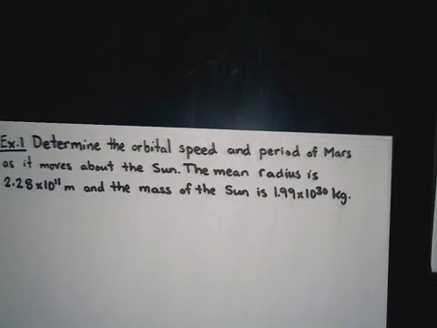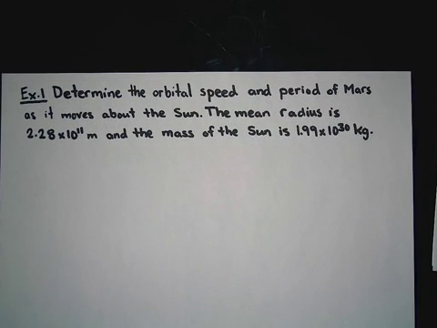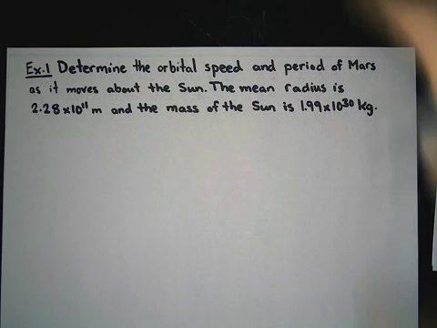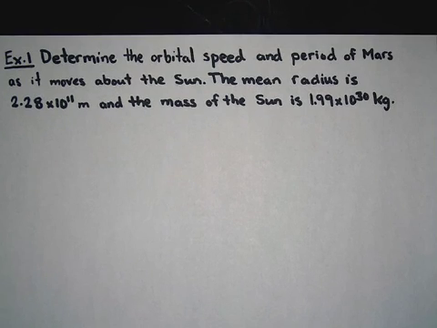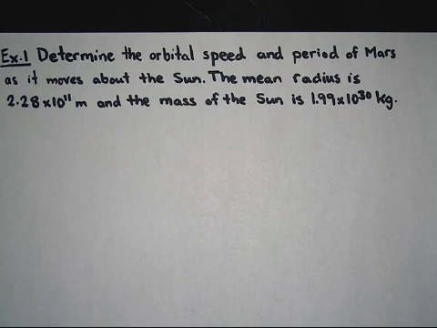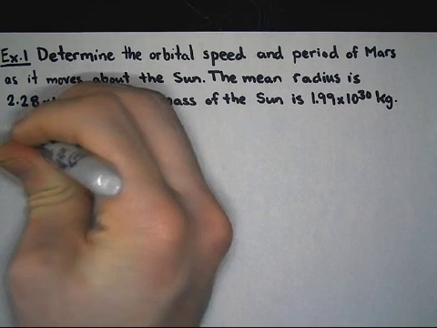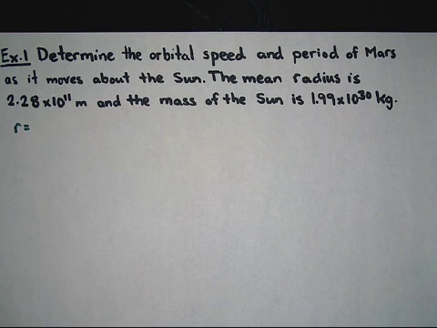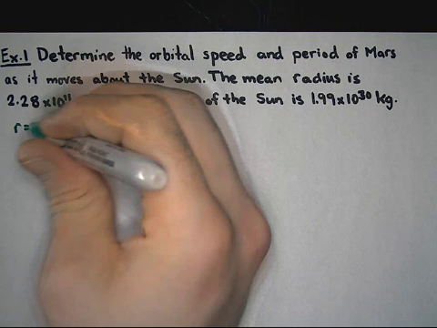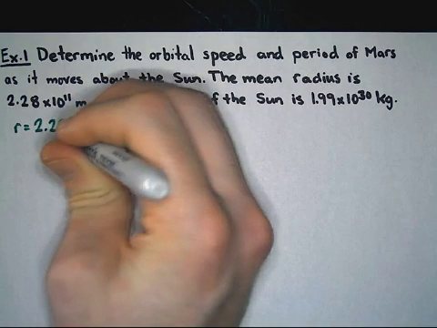So everything that we need is given to us directly in that question. Our radius r, the distance between the two, is 2.28 times 10 to the 11 meters. We're given the mass of the Sun because that's what Mars is orbiting, and that is 1.99 times 10 to the 30 kilograms. And our gravitational constant from yesterday, 6.67 times 10 to the negative 11.